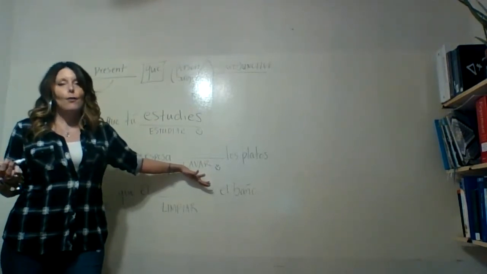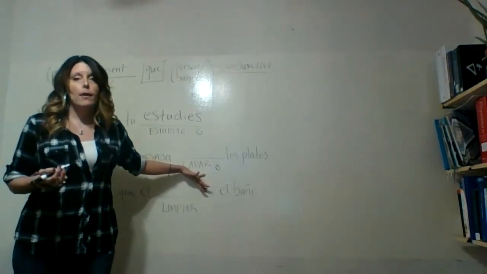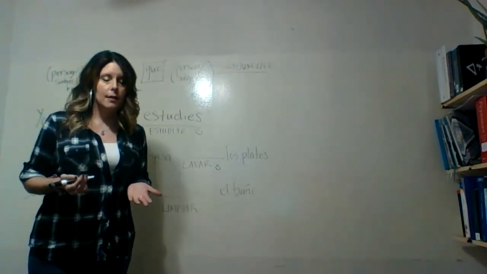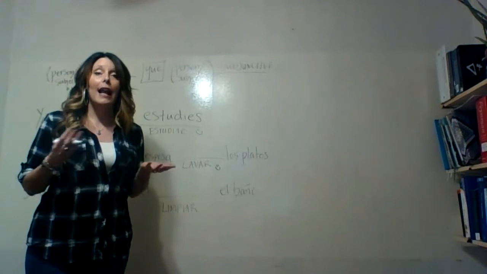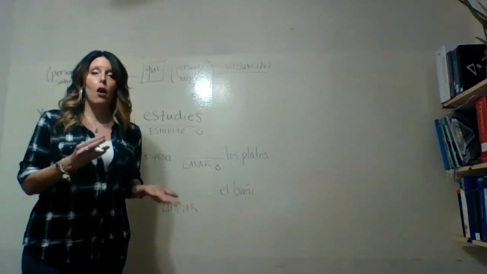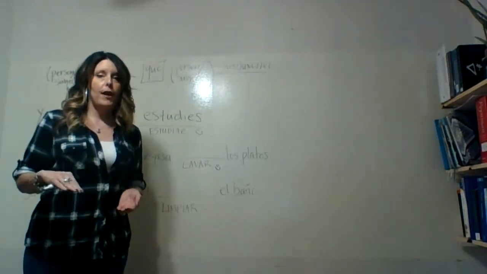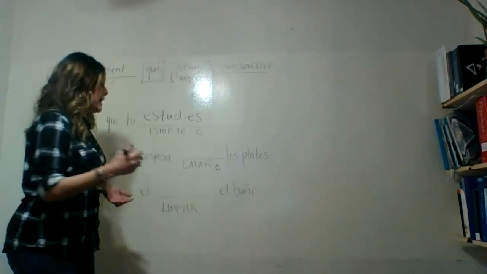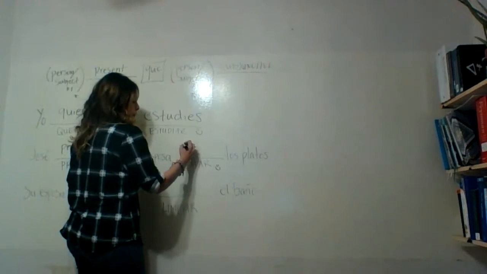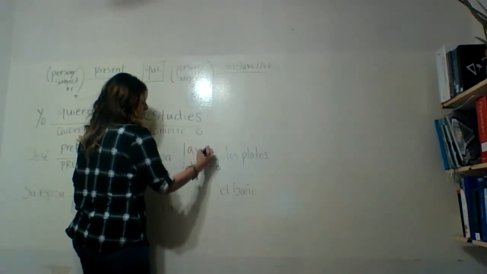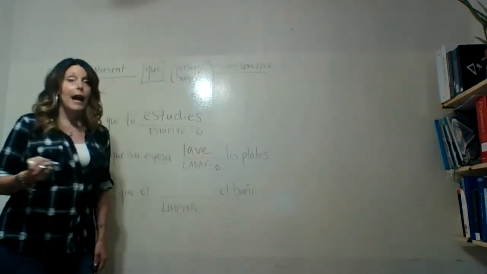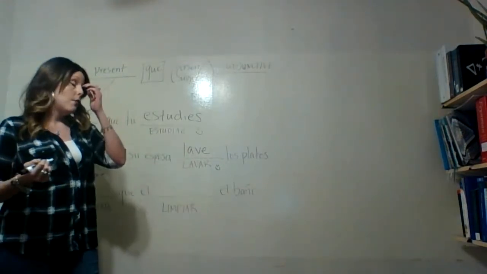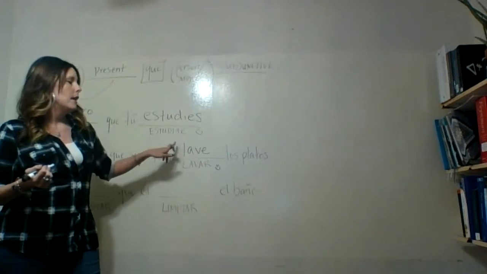Again, if I walk you through the steps of how I make this verb in the subjunctive, we take lavar back to the yo conjugation of the present tense. We would get yo lavo, L-A-V-O. We would chop off the final O and then add the appropriate subjunctive ending. So we would come up with lave. That is the él, ella, usted conjugation for lavar in the subjunctive, lave.